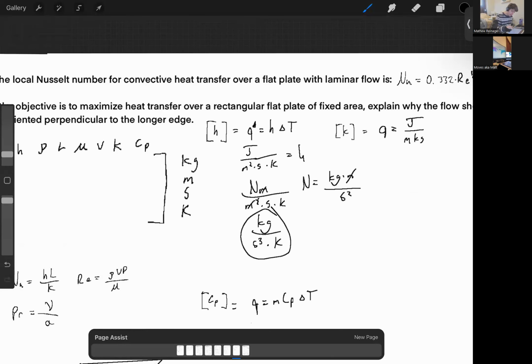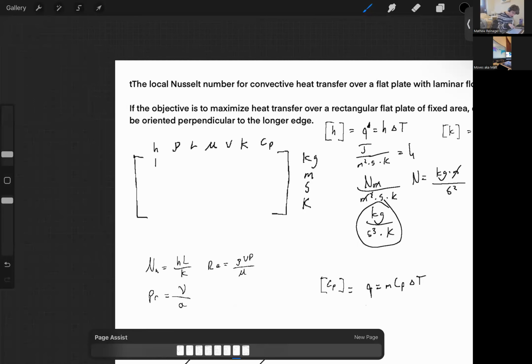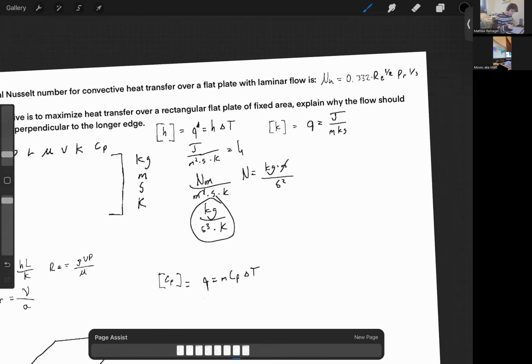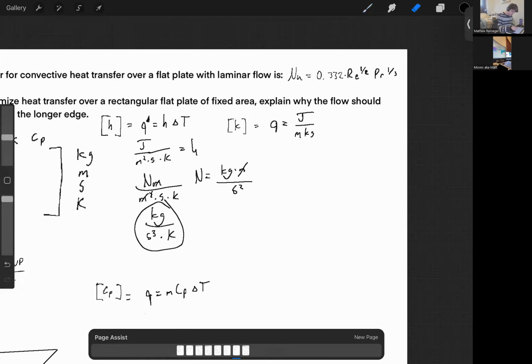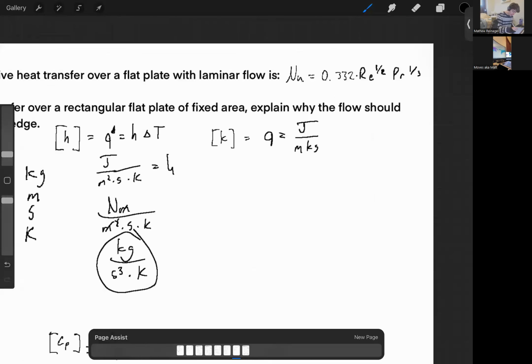So if we go to our Buckingham analysis, we have 1 for kilogram, there's no meters anymore, for seconds we have -3, and for temperature we have -1. Let's do the same thing with the thermal conductivity. This is going to be joules over meter Kelvin second. We're going to do the same thing and convert this to newton meters.